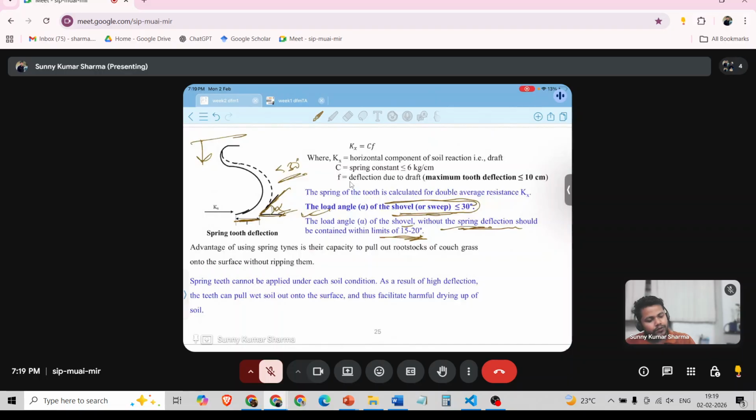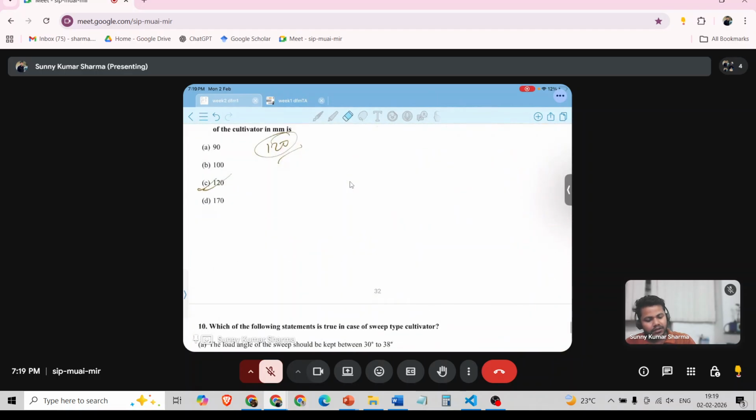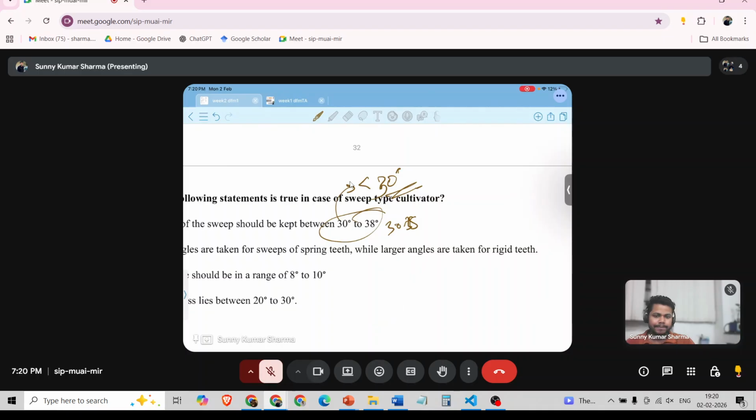Load angle of sweep should be less than 30 degree. The first statement says load angles of the sweep should be 30 to 38 degree, and we have studied that it should be less than 30 degree. So this statement is incorrect.